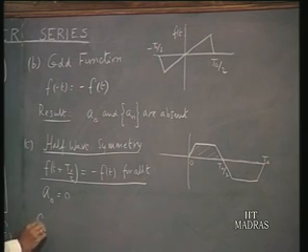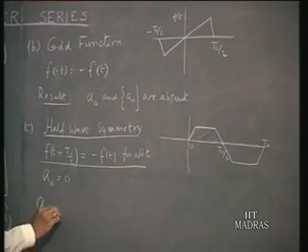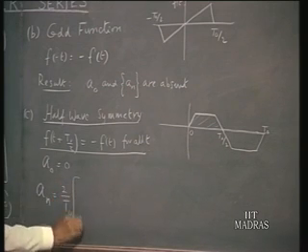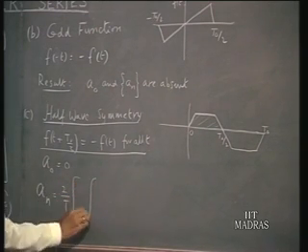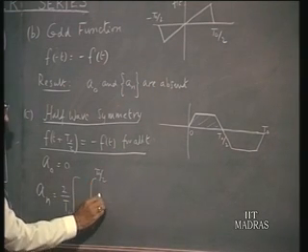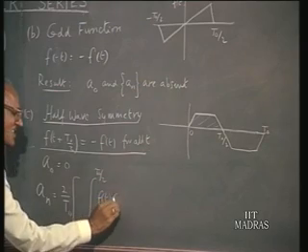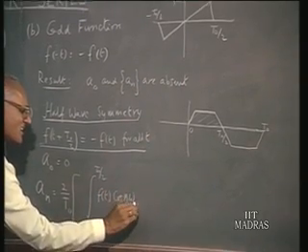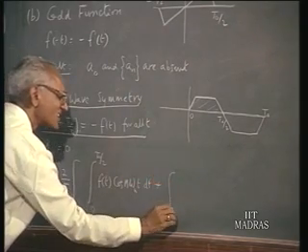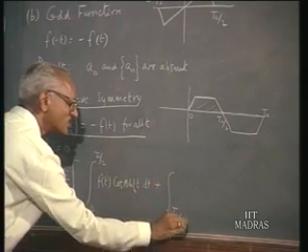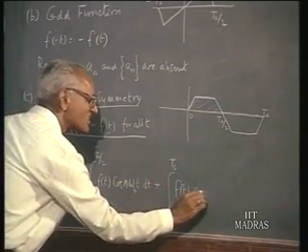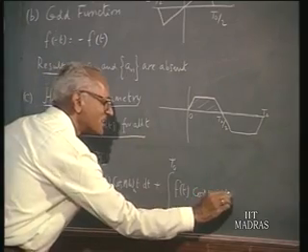Suppose I take a n equals 2 upon t naught, and this time I break the integral for convenience: 0 to t naught upon 2 of f of t cos n omega naught t dt, plus t naught upon 2 to t naught of f of t cos n omega naught t dt.